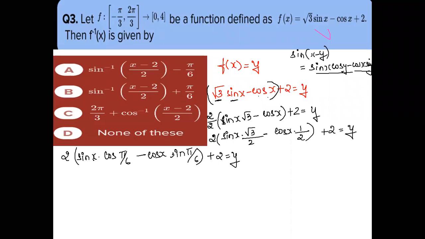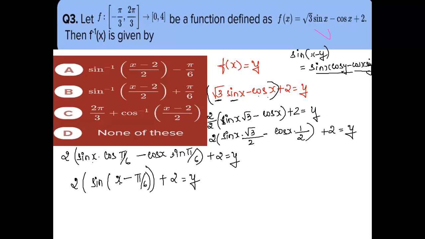Now it is in the form sin x cos y minus cos x sin y, which is sin x minus y. So it is 2 into sin, in place of x we have x, minus in place of y we have 30 degrees, that is pi by 6, plus 2 is equal to y.